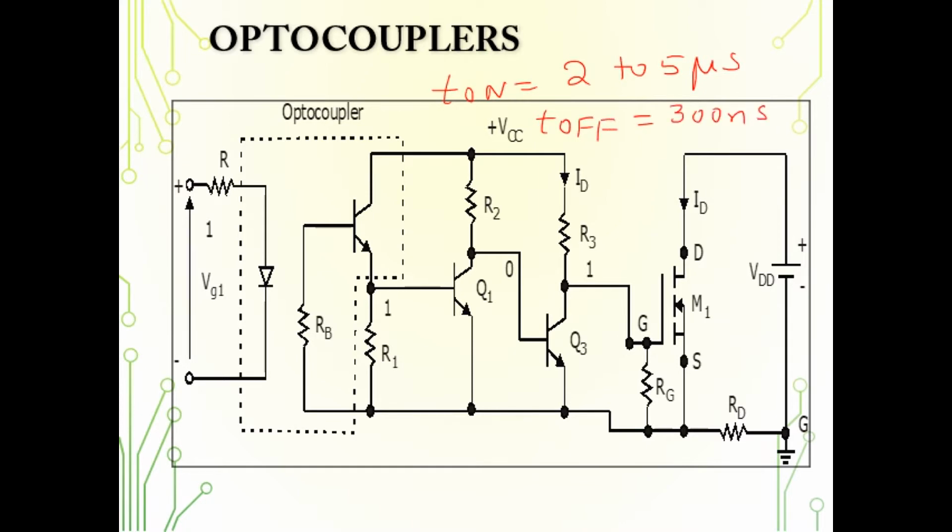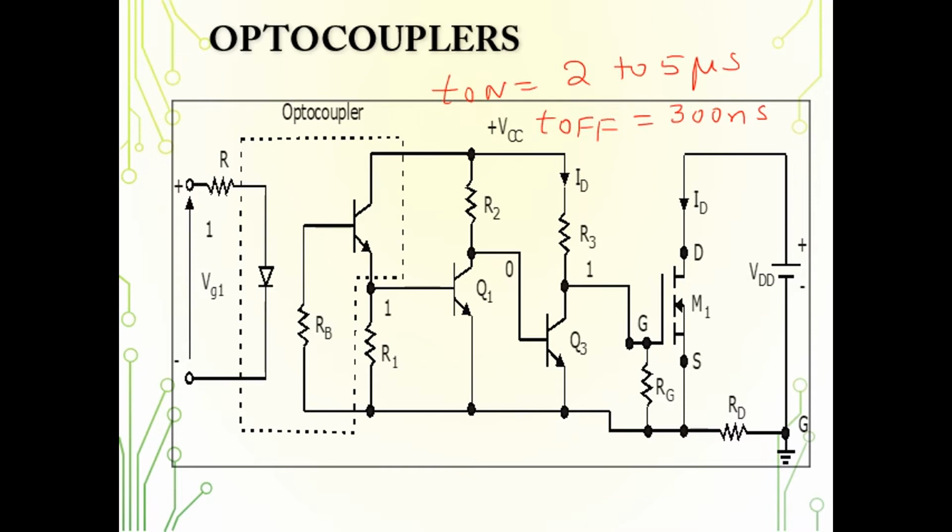So these turn on and turn off times will obviously limit the high frequency applications. So you can see that the phototransistor circuit is this, which is usually a Darlington pair. Okay. So the phototransistor, you can see here, requires a separate supply.